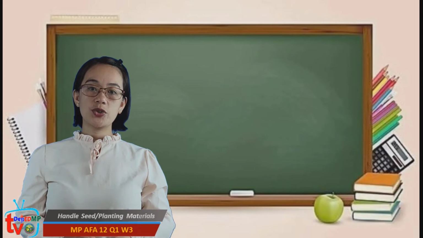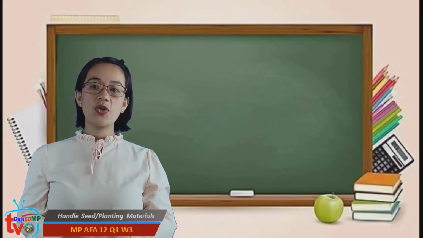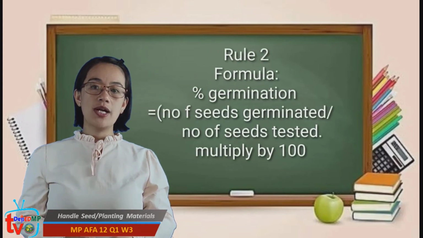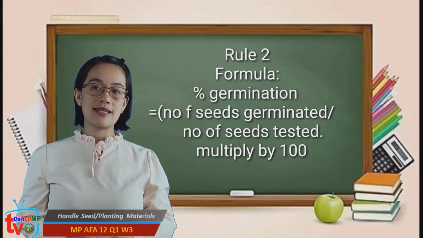Rule number 2: if you test less than or more than 100 seeds, use this formula in computing the percentage of germination of the seeds. Percentage germination is equal to number of seeds germinated divided by number of seeds tested multiplied by 100.